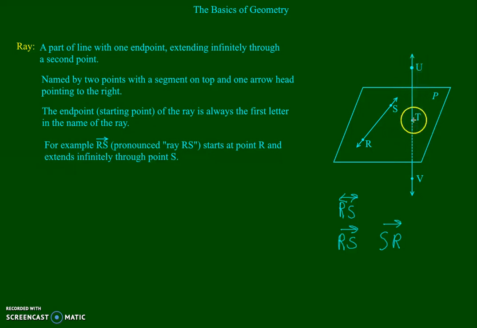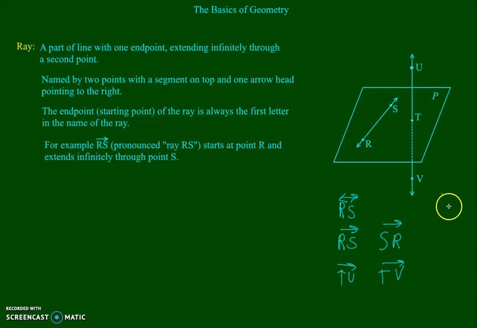In this case, we can describe several different rays. More specifically, we can define rays using point T as their endpoint. We have ray TU and ray TV. Notice how both rays, TU and TV, have the same endpoint, point T. So we have ray TU and ray TV.